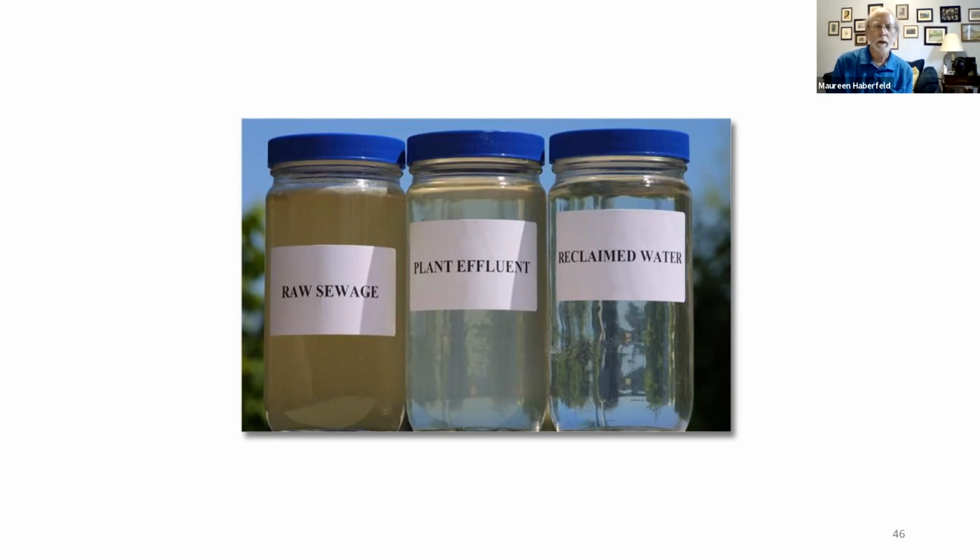The water in the middle has gone through the secondary treatment process, probably, and it's quite clean, but it's still a bit cloudy because it's still got some suspended solids in it. The water on the right, which is named reclaimed water, has gone through extra filtration, and most of the suspended solids have been taken out.